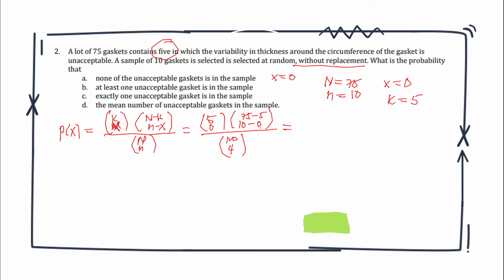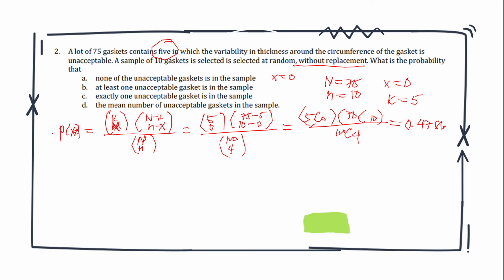So 5 combination of 0 times 70 combination of 10 over 75 combination of 10. So the answer is 0.4786. So this is when x is equal to 0.